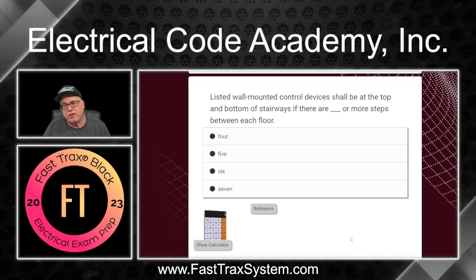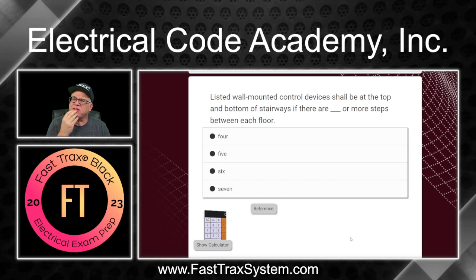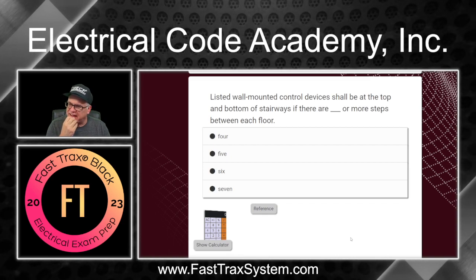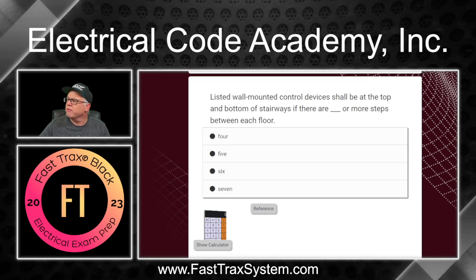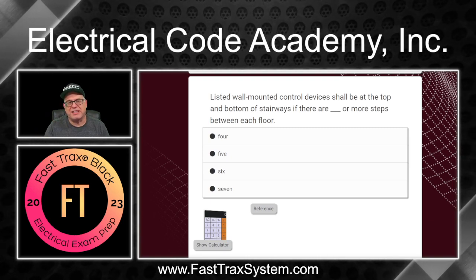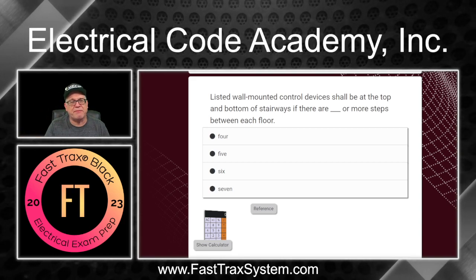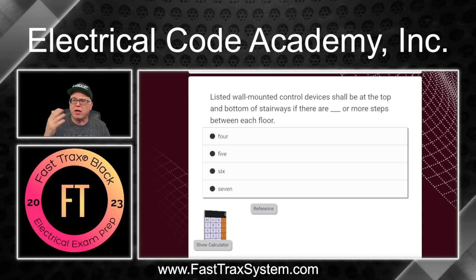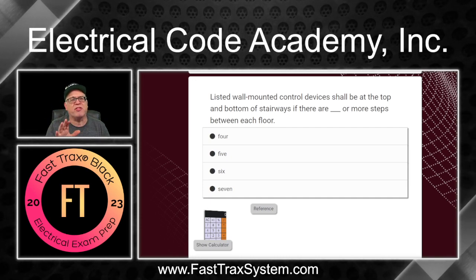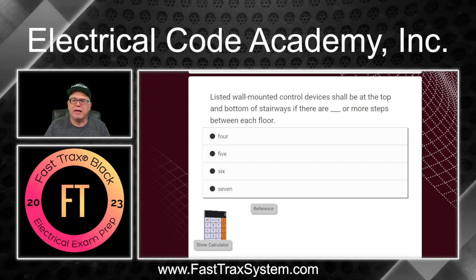So where do you find this in the code? Well, when you think about this, this is a lighting requirement, okay? And you're thinking, where do I find the rules for different branch circuits, different things that talk about the lighting, right? When we know receptacles and placements are 210.52, we can go back into the back of the book and see what we've got in the index, and you should pause this if you don't know the answer right away, okay?